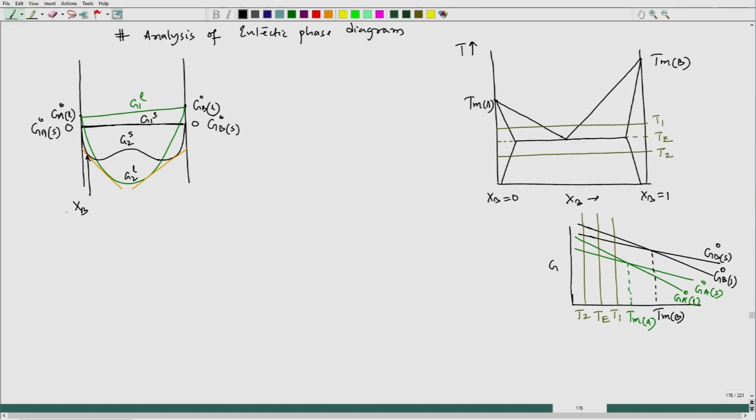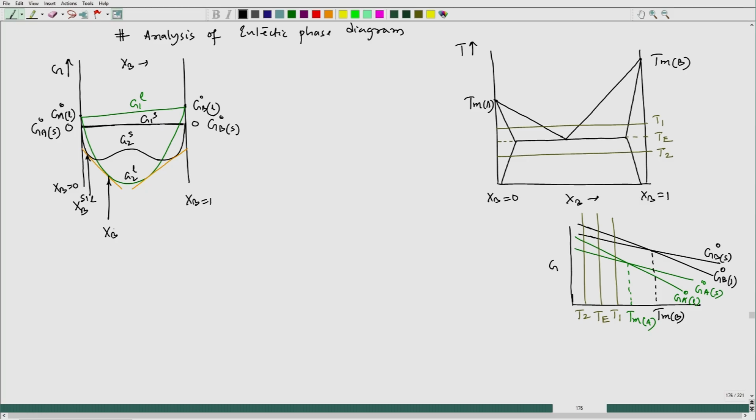Follow this style: composition of phase S1 in equilibrium with liquid, in terms of B. So, XB is varying this way, this is G, XB equal to 1, XB equal to 0, two pure metal sites.